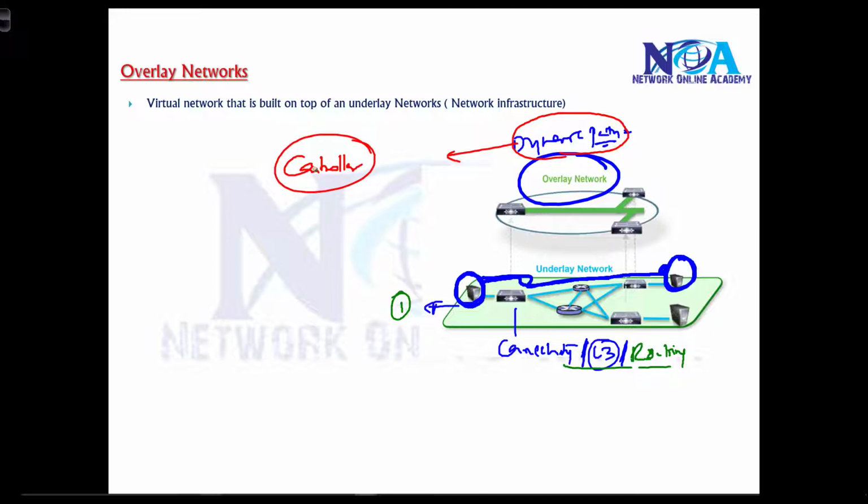So we have a controller, and this controller is going to instruct the devices or share its requirements or give some instructions to the devices, depending upon which model you implement.